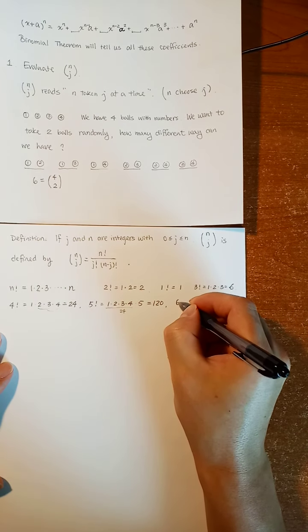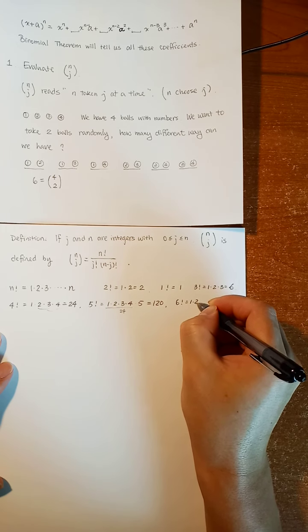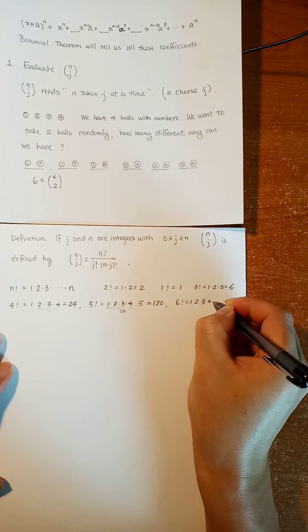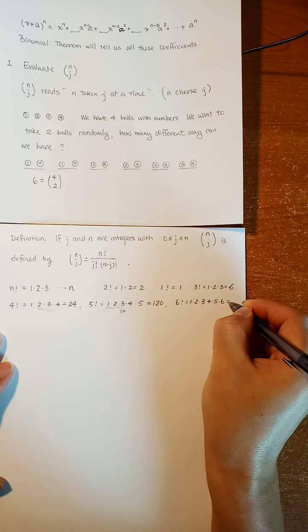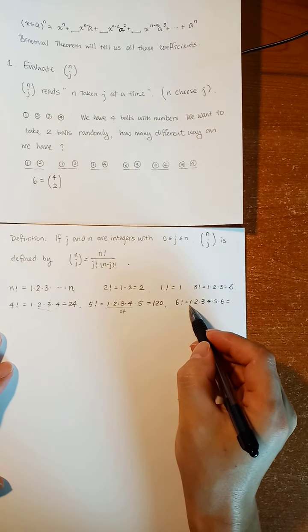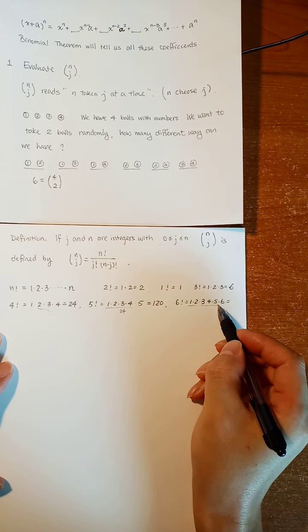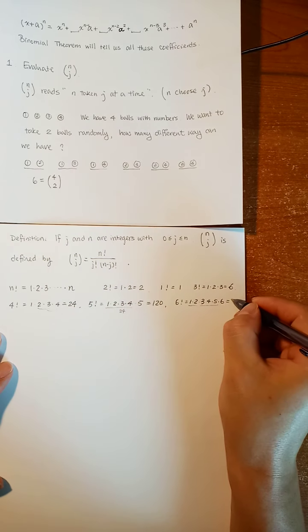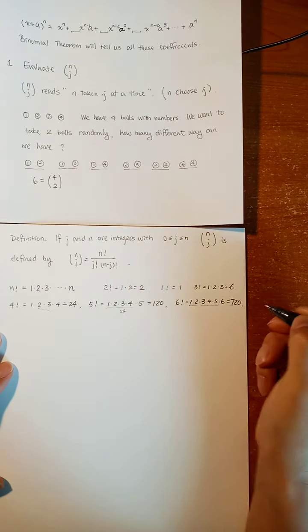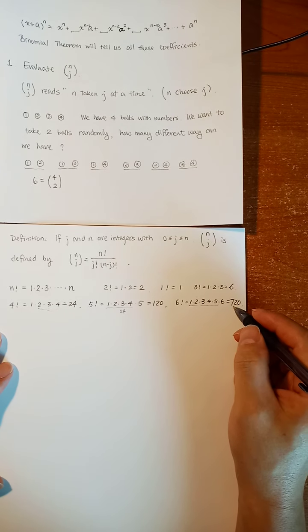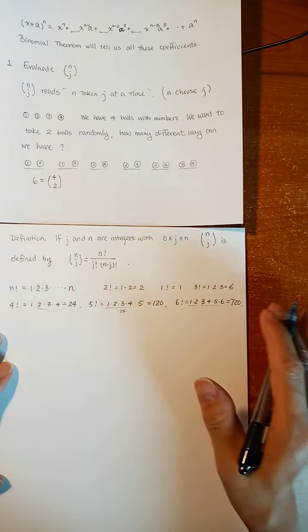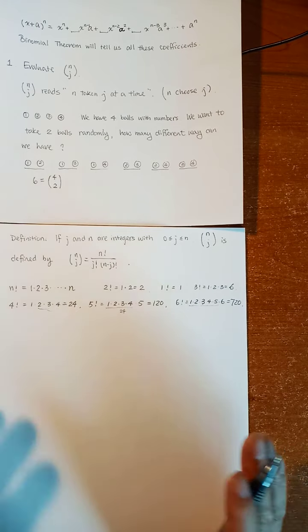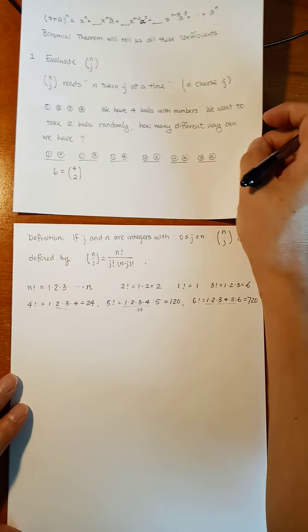And 6 factorial is 1 times 2 times 3 times 4 times 5 times 6. You really have to do the computation. The product from 1 to 5 is 120, and 120 times 6 is 720. This number grows very fast, but it's just this product. No simple way, no shortcut to compute.